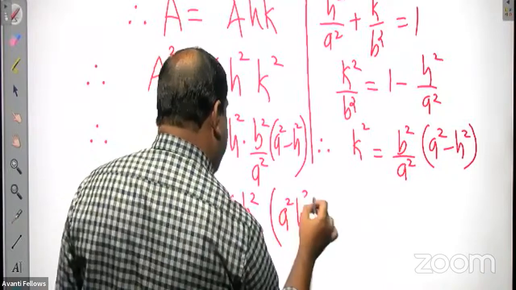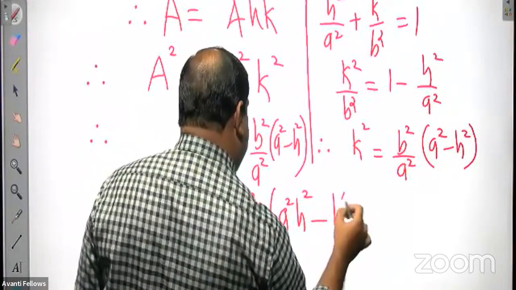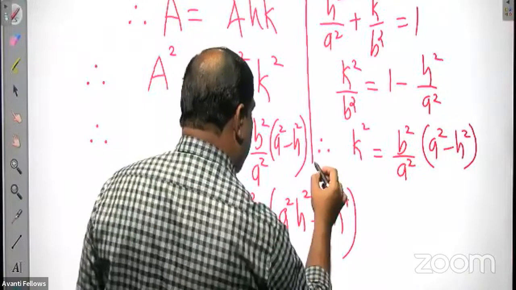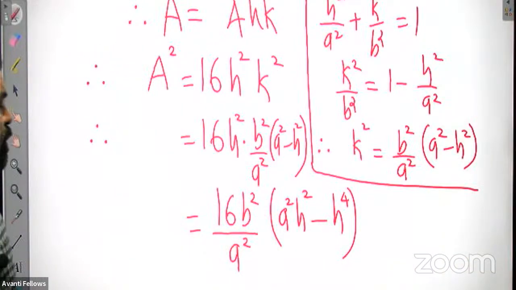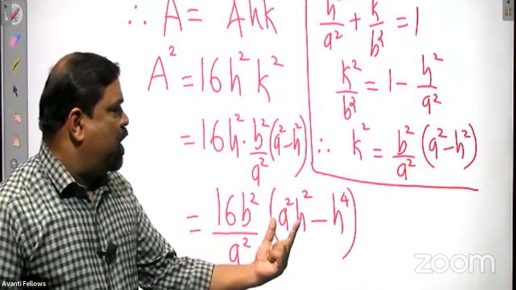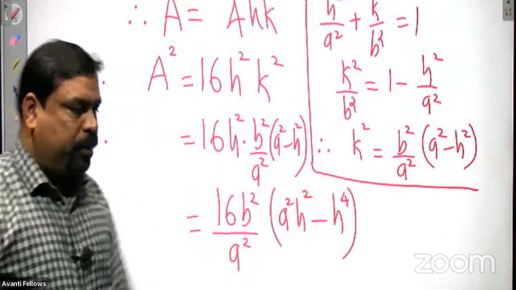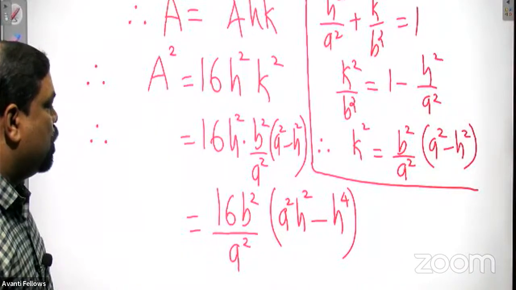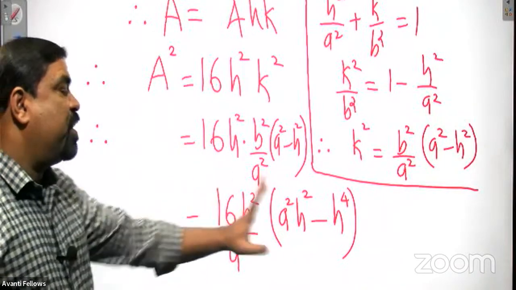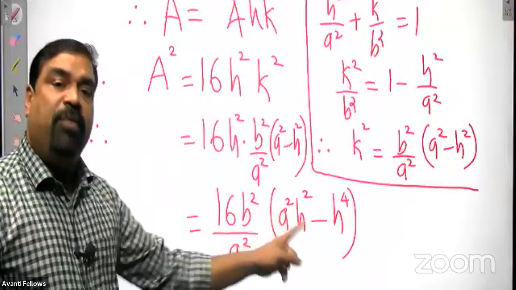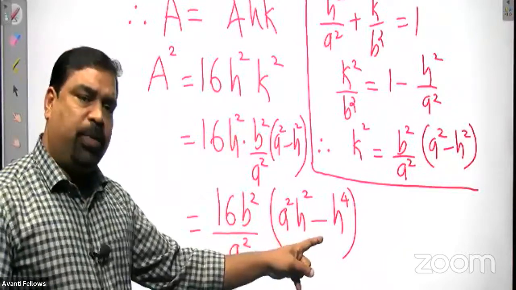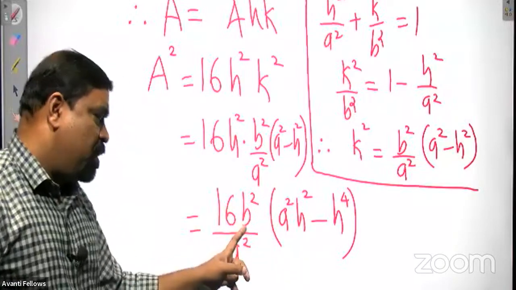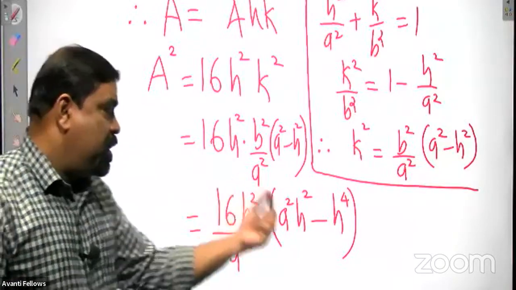So a square h square minus h raised to 4. So this is our function now, a function in one variable. What is the variable here? h is the variable actually. a is a constant, b is a constant, 16 is a constant.